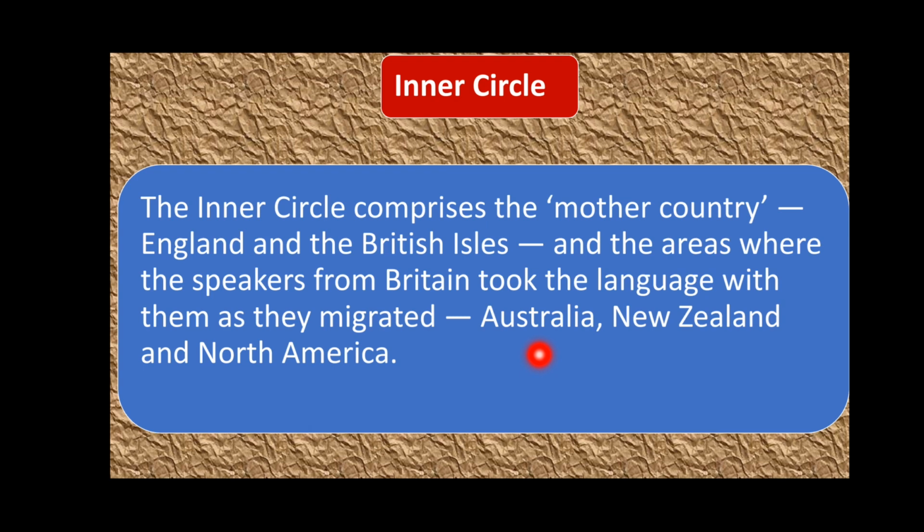It is where English is used as a mother tongue, like in England and the British Isles. Beside England and the British Isles, those parts of the world where British people migrated and took English with them, and English became the mother tongue of those countries also, for example Australia, New Zealand and North America. This is called the inner circle.